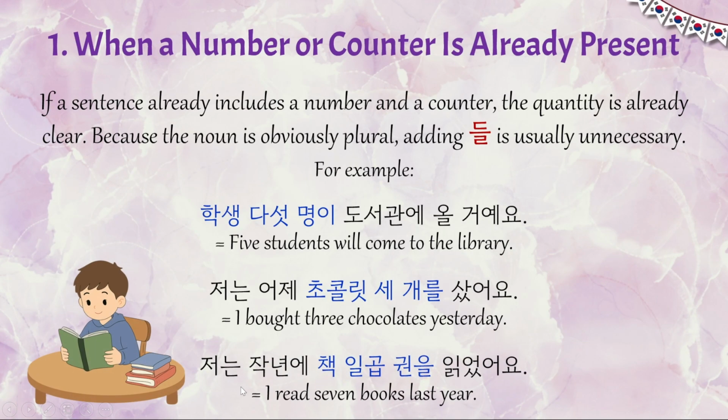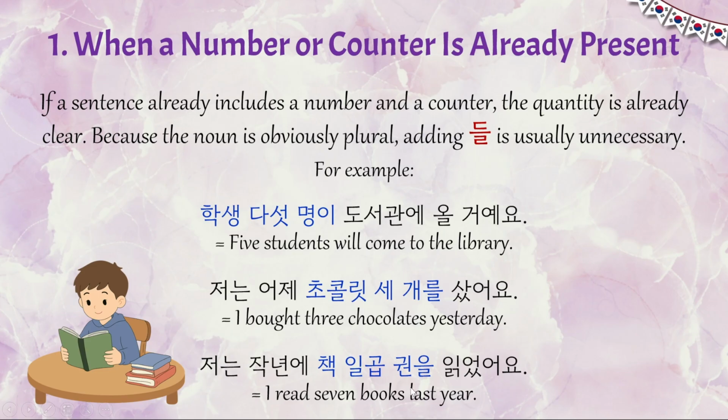Next, 저는 작년에 책 7권을 읽었어요. I read 7 books last year. So here, the number of books is mentioned and clear. 책 7권을. 권 is the counter for counting books.